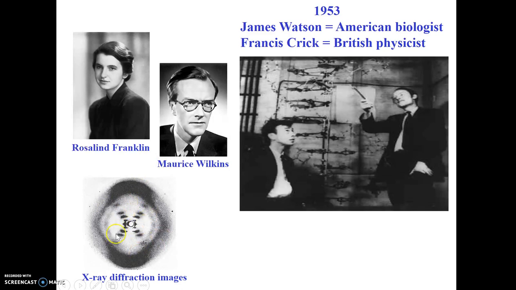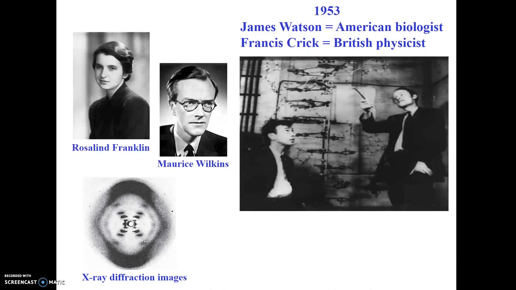You can see one of the images that they got here of DNA, and what this helped Watson and Crick deduce is that DNA is actually a molecule that's twisted in shape. We knew that there were certain elements and certain molecules there because of some tests that had been done on DNA. We've known about DNA for a very long time now, but the structure of it wasn't really known until the work of these people.